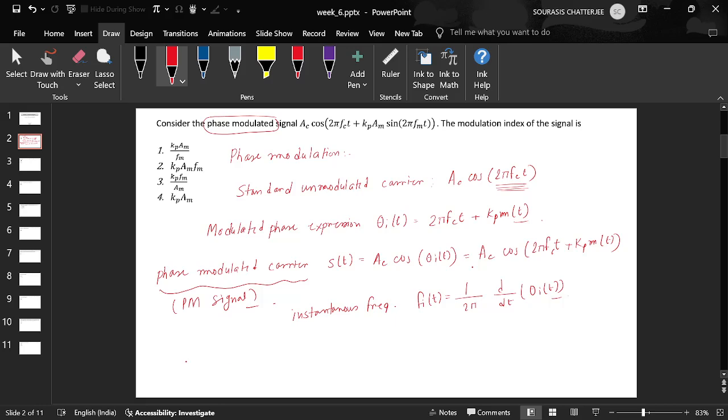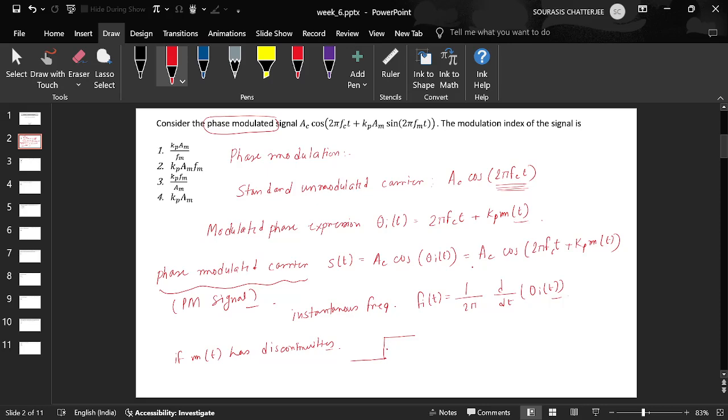Now let's say m(t) has discontinuities. What I mean by that, for example, your m(t) has a step function kind of behavior. Up to this point it has some value, and at this point it basically jumps, right? That is what we are calling discontinuity.